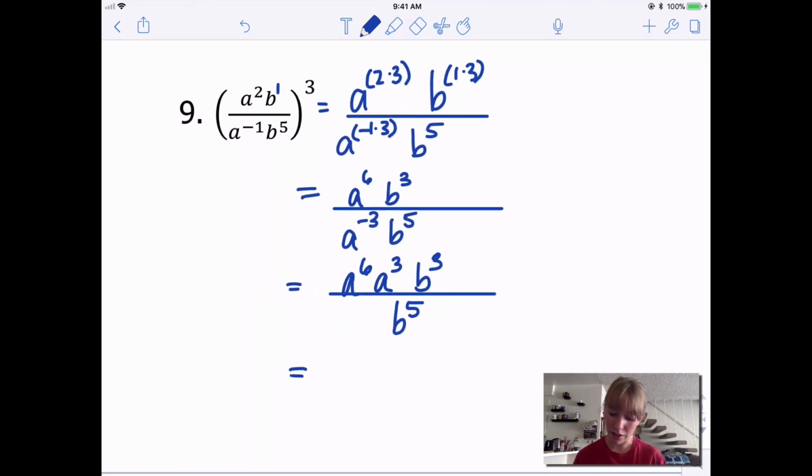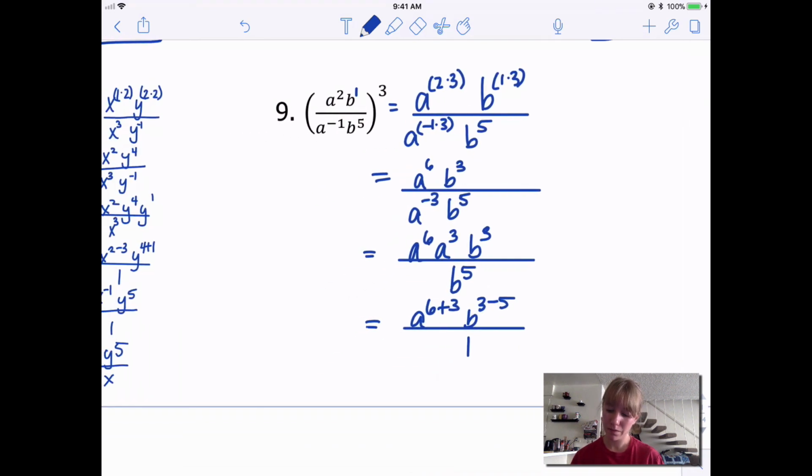A to the 6th and a to the 3rd is a to the 6th plus 3. And then since I have a b on the top and a b on the bottom, that's the quotient of powers property. I'll say b to the 3 minus 5. I have a to the 9th, b to the negative 2, since 3 minus 5 is negative 2.